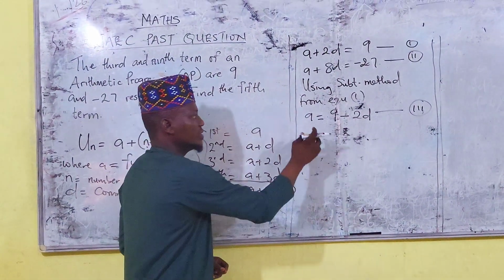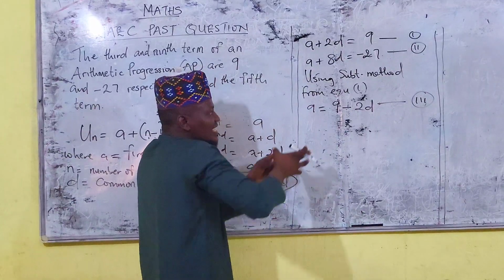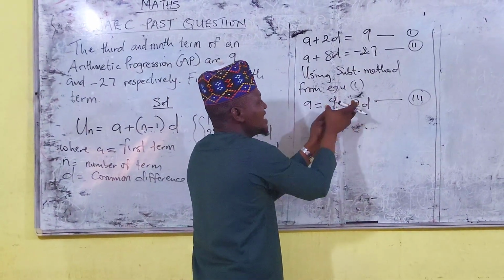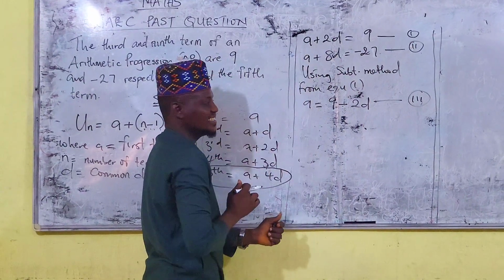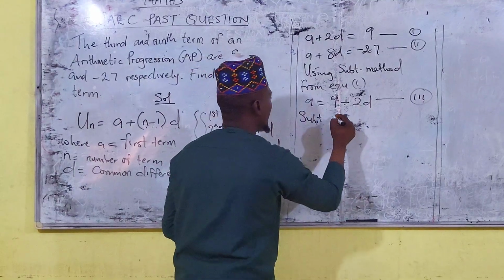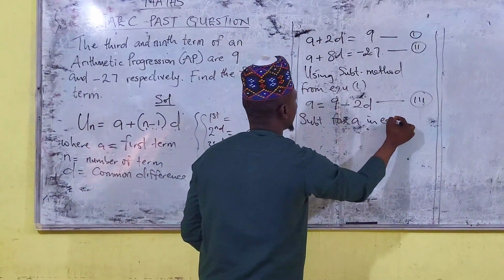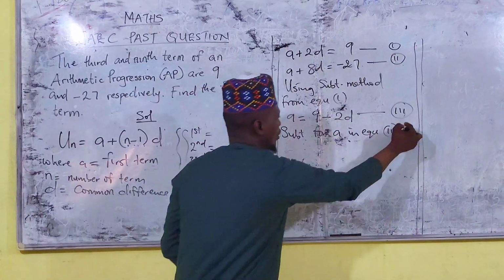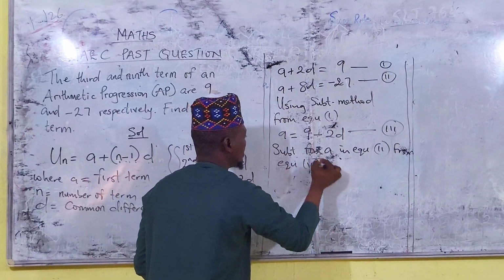Now you move on. This A we have here is an initial value for A. Let's take this value of A, which is 9 minus 2D, and substitute it for A in equation 2 from equation 3.